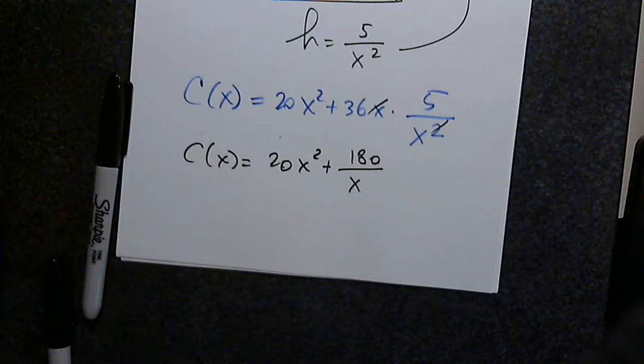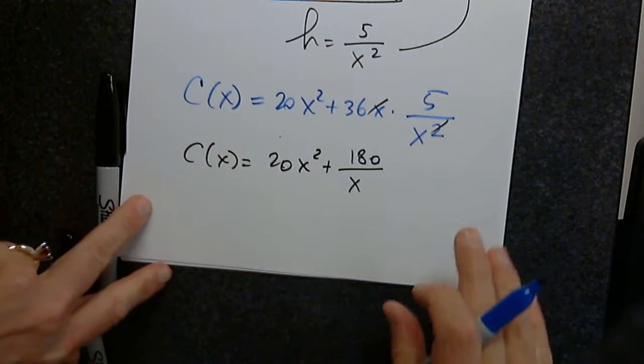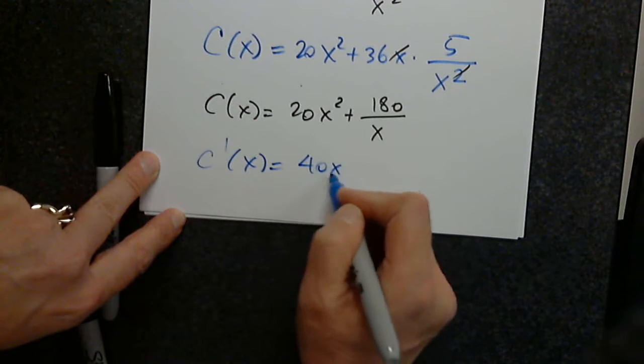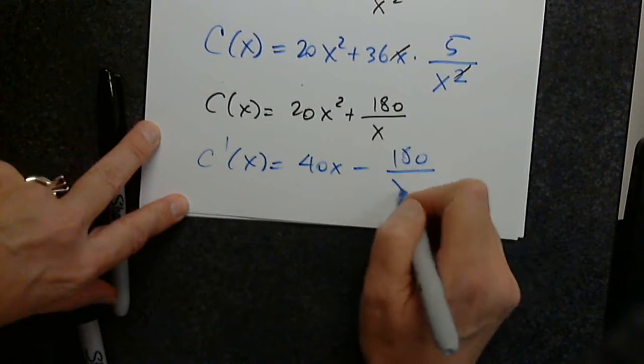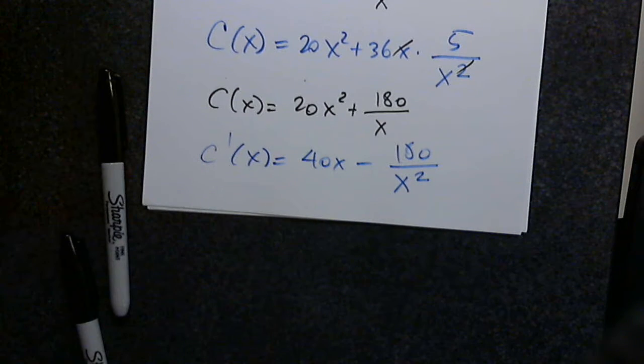Yes, I have to find the derivative because eventually I hope for critical numbers, or max min in other words. So c prime equals 40x minus 180 over x squared. Is c prime clear? Yes?